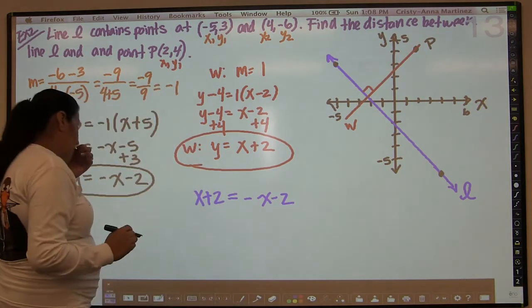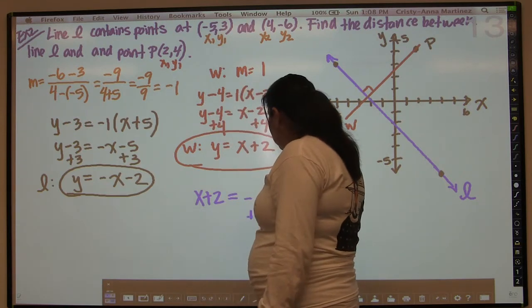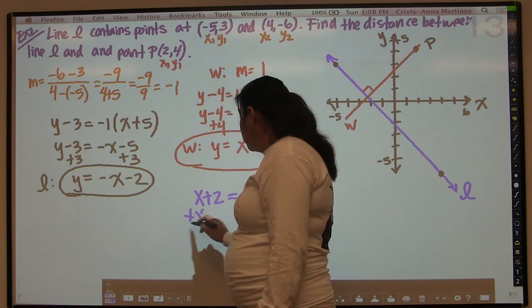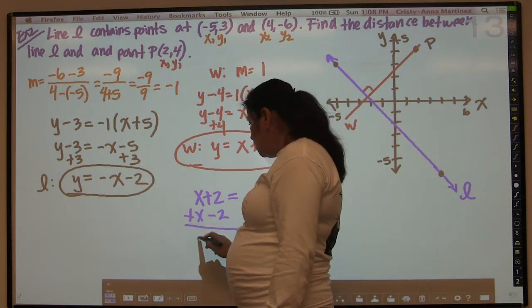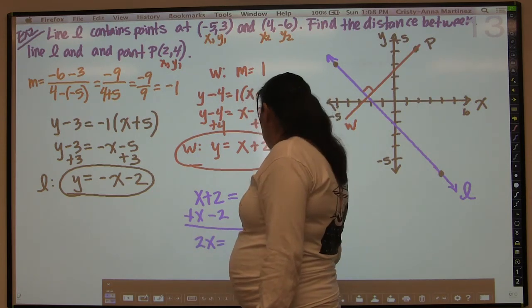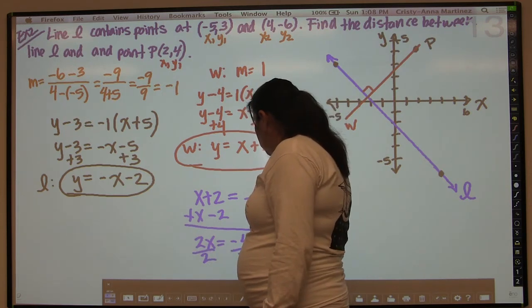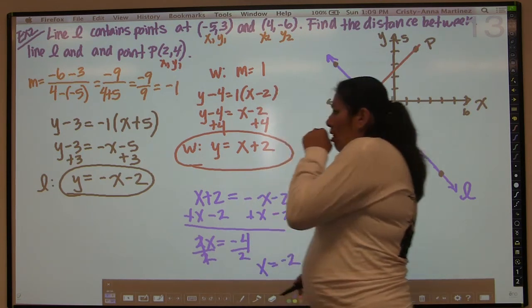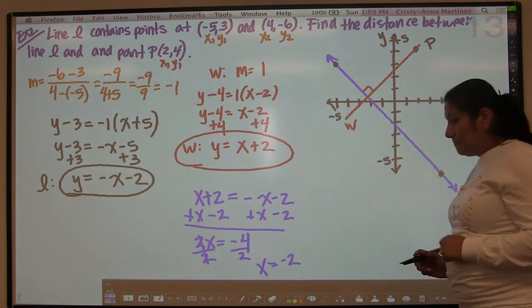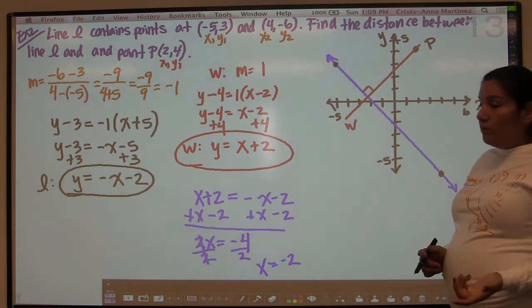And then I'm going to solve for x. If I add x to both sides and then subtract 2, I get 2x equals negative 4. Divide by 2, and then I get that x equals negative 2. So the x-coordinate is negative 2, and now all I have to do is find the y-coordinate.